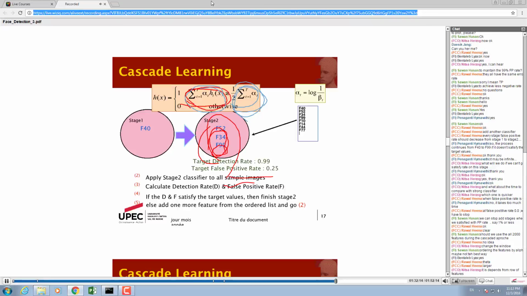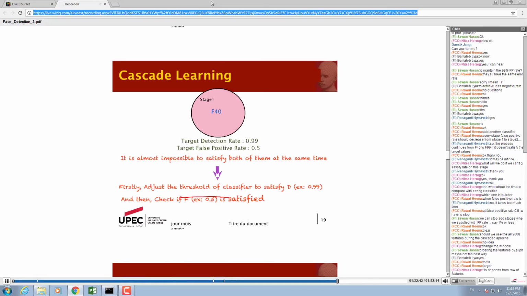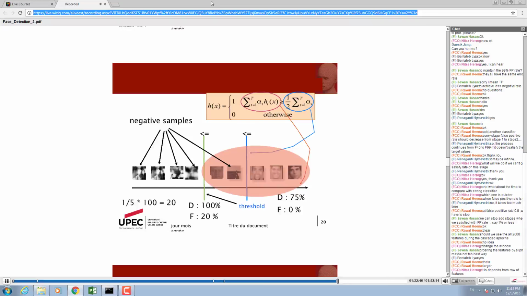It is increasing the number of true face results. It means we can increase the detection rate. Because we have to increase the detection rate now, right? From 0.98, we have to increase it up to 0.99. So to increase the detection rate, we have to decrease the threshold. Yes, it depends on the current feature.